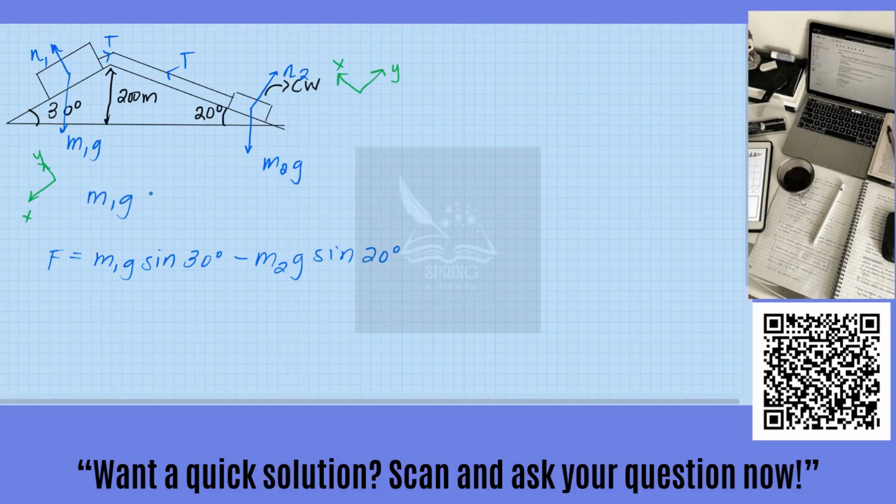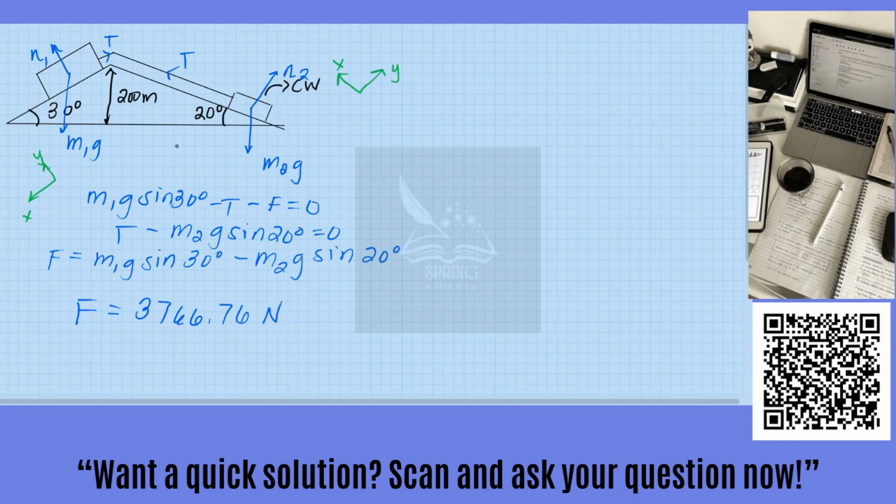So we have m1g sine of 30 degrees minus the tension minus the force equals 0. And we also have the tension minus m2g sine of 20 degrees equals 0. So that's the force. So we get the force is 3,766.76 newtons for part A for the braking force.